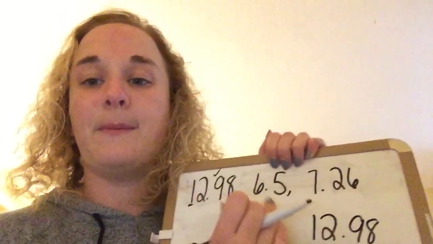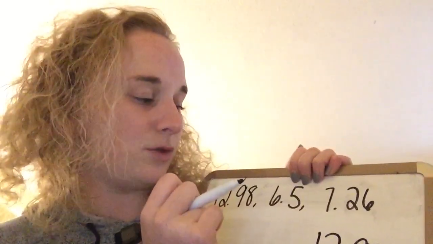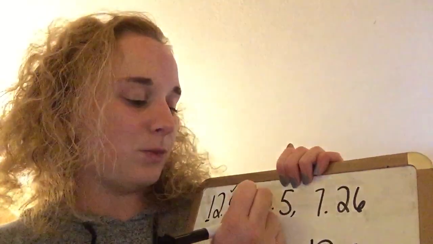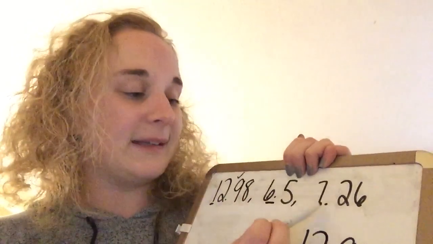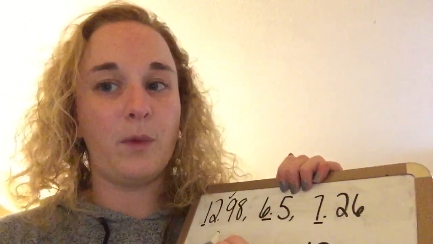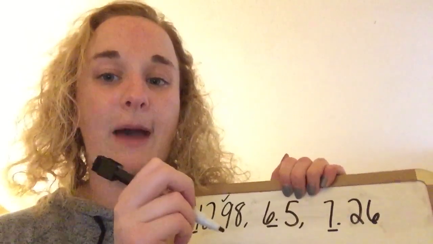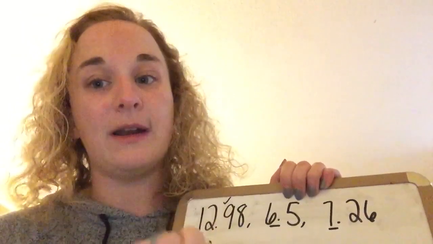Now I can start comparing these two numbers, 6 and 5/10 and 7 and 26 hundredths. So I'm going to look at the 6. It's one spot before the decimal. That's in the ones place. I'm going to look at 7 and 26 hundredths. I have a 7, which is also in the ones place. I can compare them because they are in the same place value spot and they're different numbers.